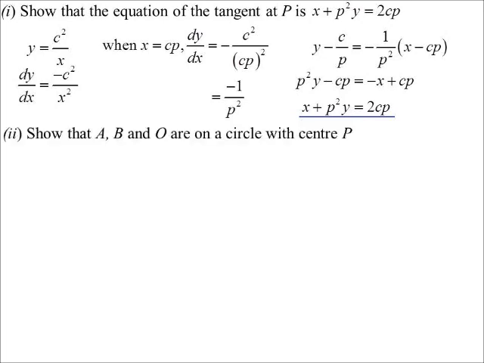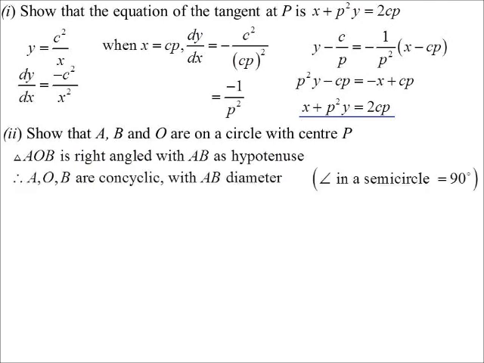Show that A, B and O are on a circle with centre P. All right. Well, I know that triangle AOB is a right angled triangle. So remember, A and B are on the axis. And AB must be the hypotenuse.